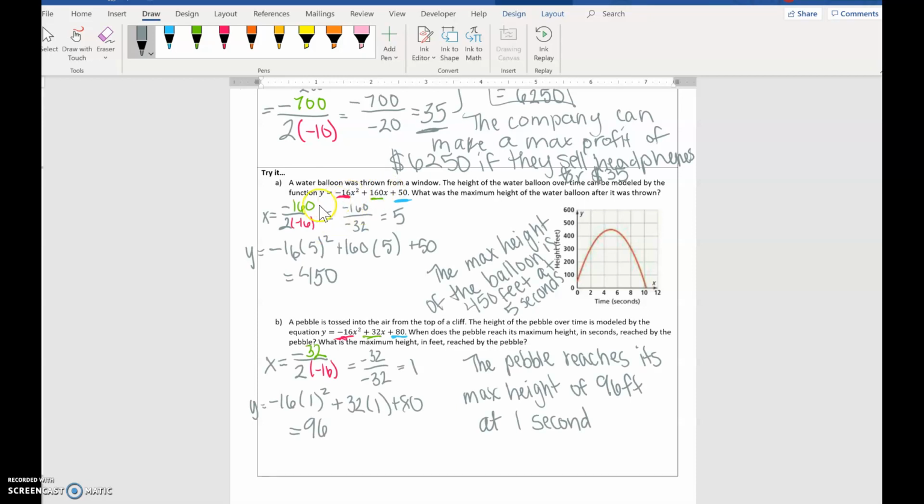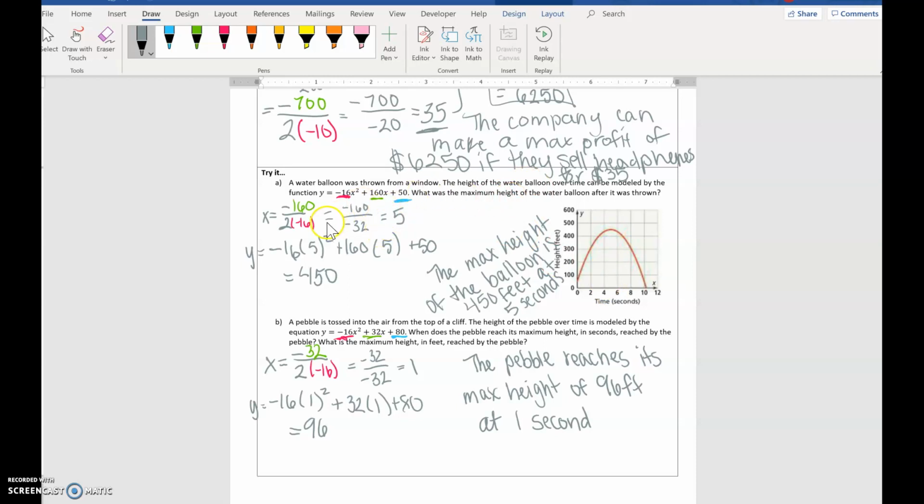Okay, so I did first the negative b over 2a, and b is 160, a is negative 16, and then I got negative 160 over negative 32, which is 5. So that's the x value of my vertex, so that would give me the time that it reaches the maximum height, but I want to know the actual maximum height as well.